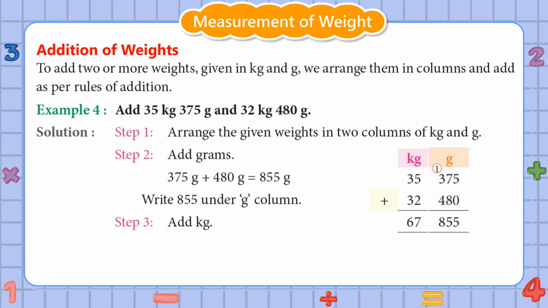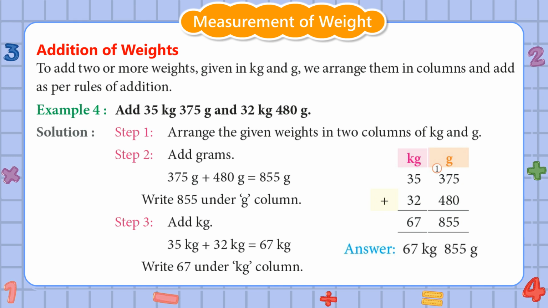Step 3. Add kilograms. 35 kilograms plus 32 kilograms is equal to 67 kilograms. Write 67 under kilogram column. Answer: 67 kilograms 855 grams.